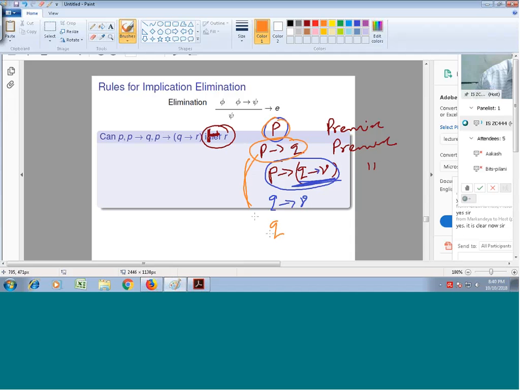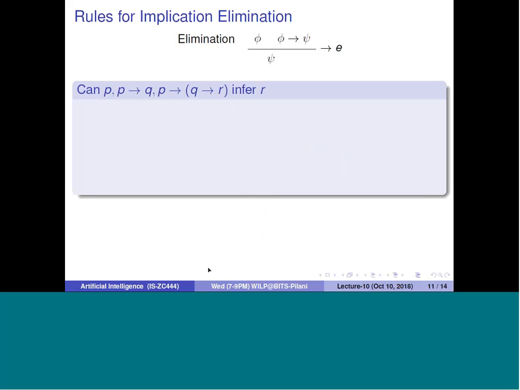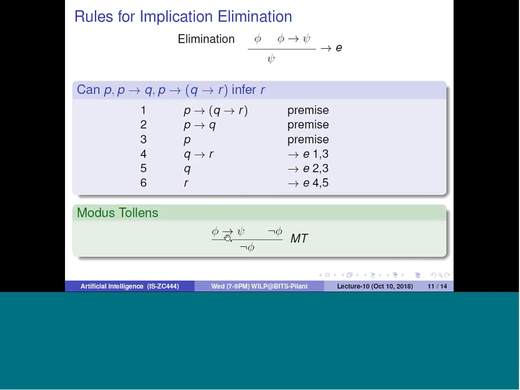Okay, using these two you can say that Q is available to me. And third thing is Q is available to you, and Q implies R is available to you, therefore R is available to you. So therefore you got R. Correct? All right. So this is how we prove this.